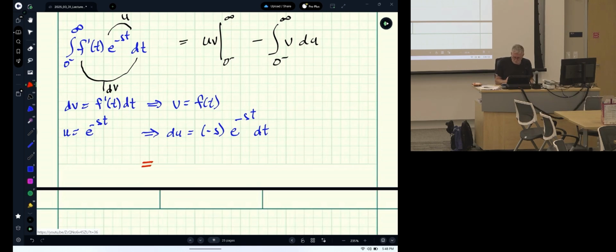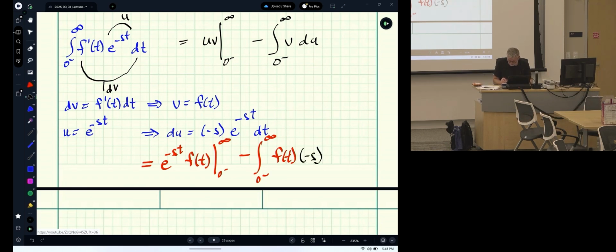Okay, so this is u, e to the minus st, times v, which is f of t, minus the integral, v is f of t, and du, I'm going to emphasize the s.